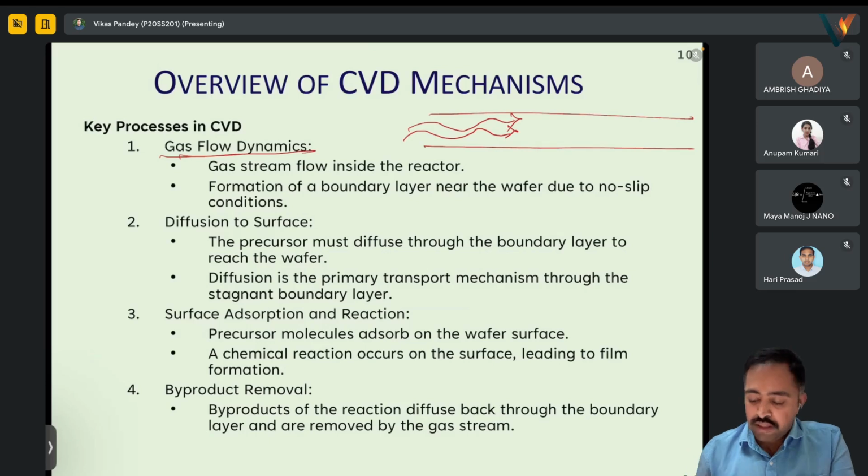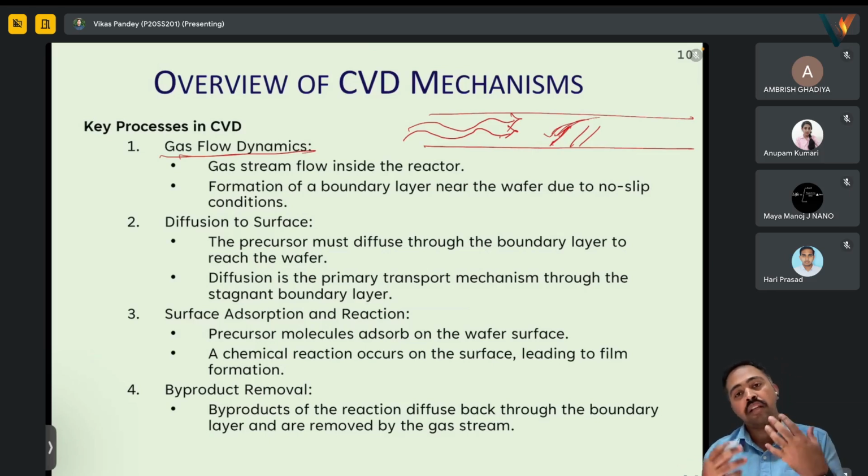It should not be that this gas is flowing very fast and it is not actually stopping at the boundary condition. That is where the reaction will take place. Or it should not be so slow that it is remaining there even after the reaction. So it should be controlled.